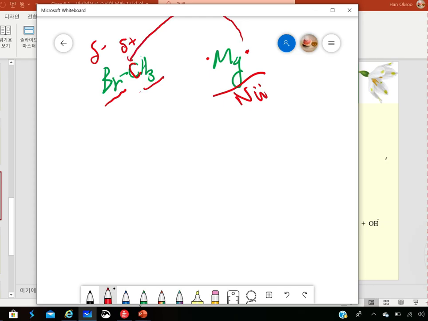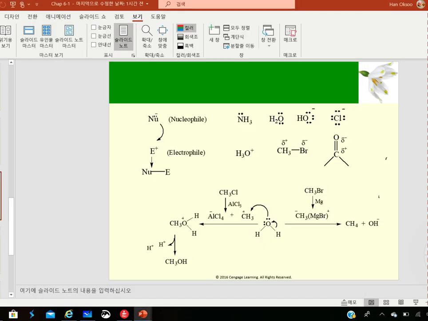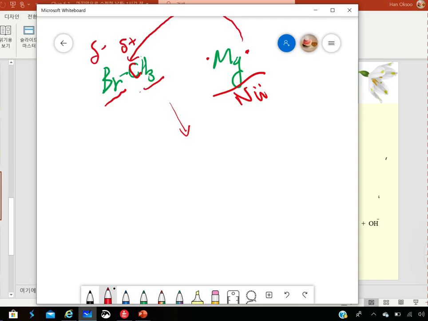Actually, they should move to this carbon.